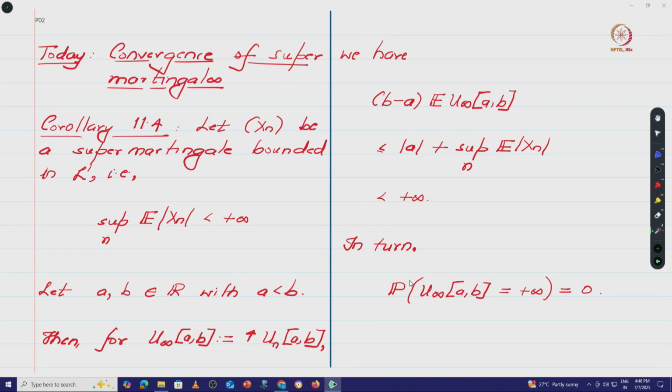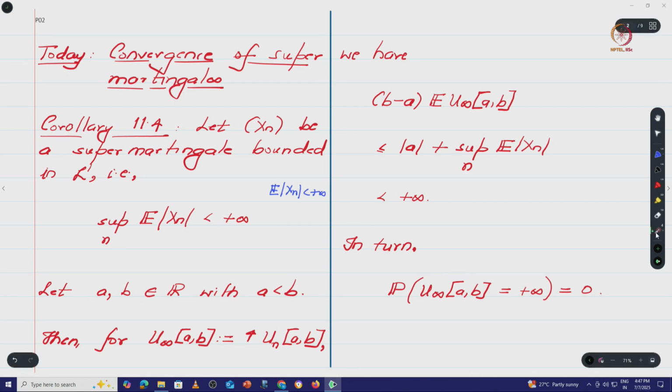Okay. So this result says something about the number of upcrossings of a super martingale. It says that suppose Xn is a super martingale that is bounded in L1. So when I say we have a super martingale bounded in L1, I would imply that a condition like this holds. If we just had the expected value of the absolute value of Xn is less than infinity, then we would use that to conclude that Xn is integrable.